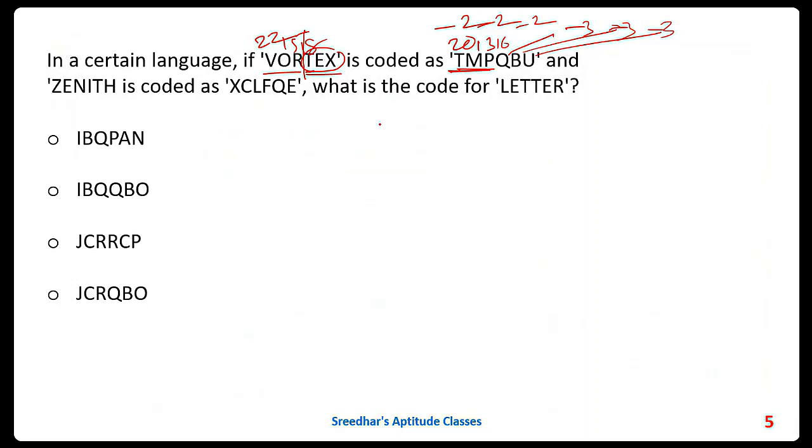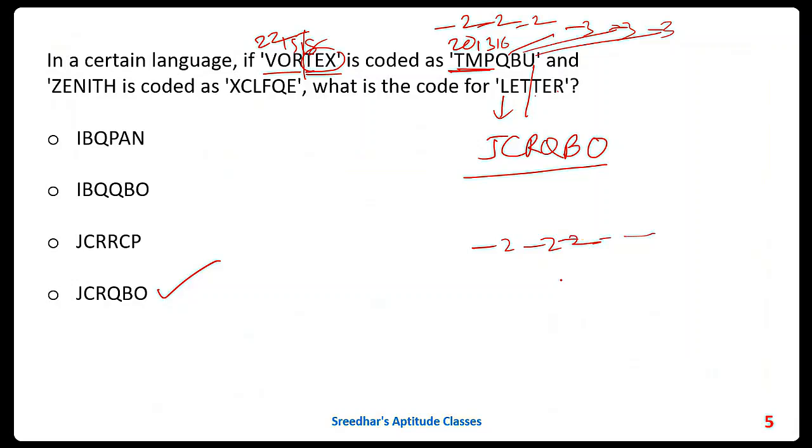Right? So if I apply the same thing for letter, first minus 2: L minus 2 is J, E minus 2 is C, T minus 2 is R, next minus 3: T minus 3 is Q, E minus 3 is B, R minus 3 is O. So J C R Q B O. Right? So therefore it is option D. It's not C. Those who check only the first 3 and conclude minus 2 throughout will get option C, but that is not the correct answer.